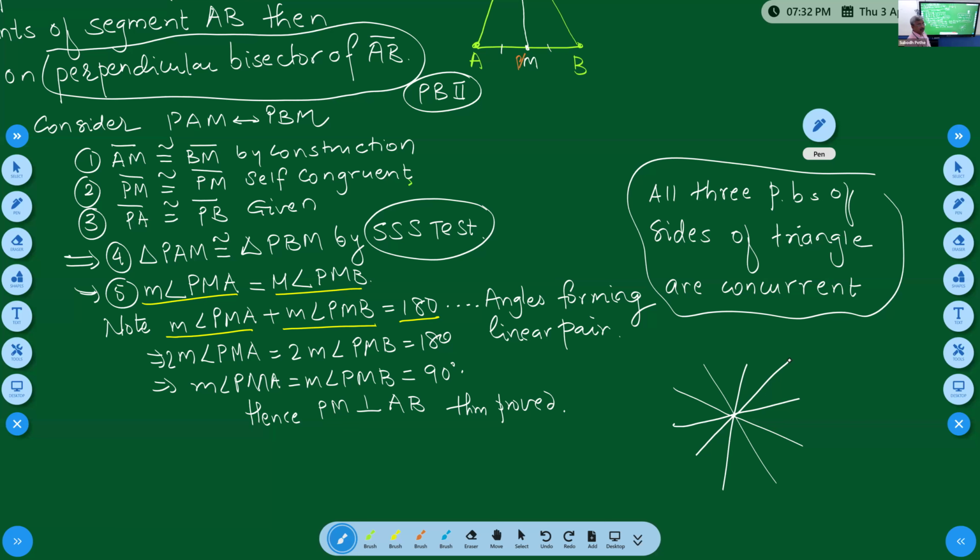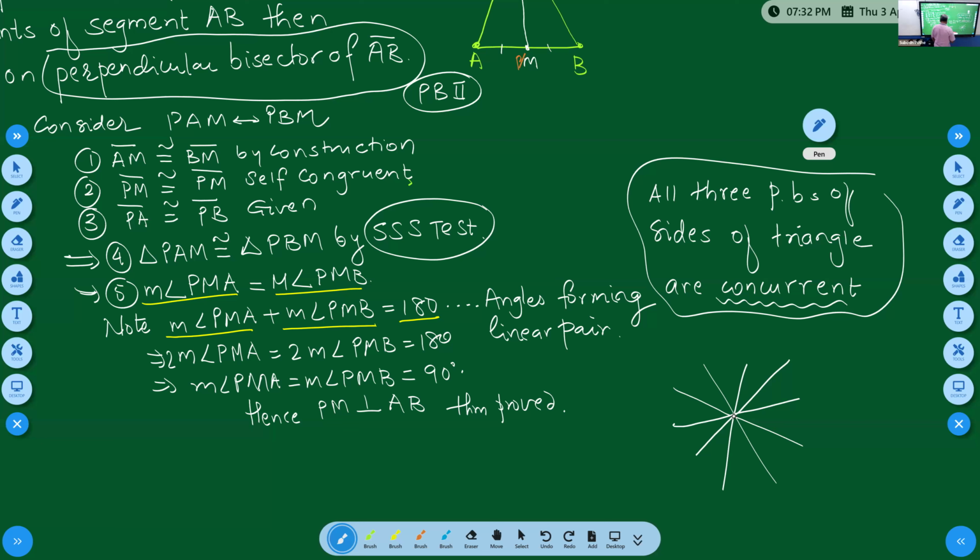But if the third line also passes through the same point of intersection, then these three lines are called concurrent lines. So there must be more than two. Right now I have drawn five lines which are concurrent. So there are infinitely many lines which pass through that particular point.